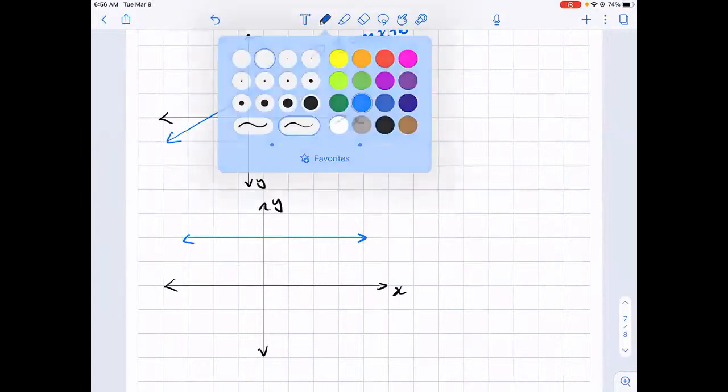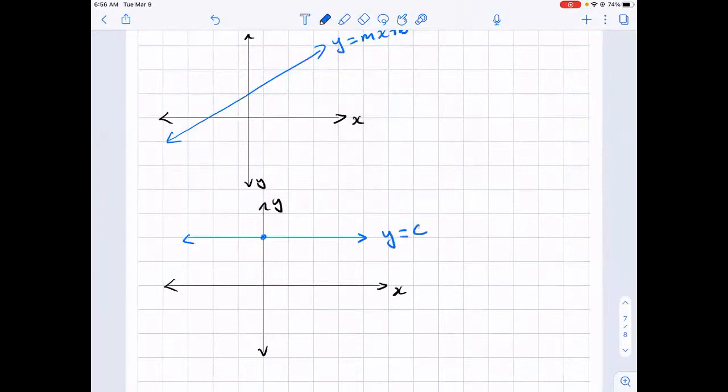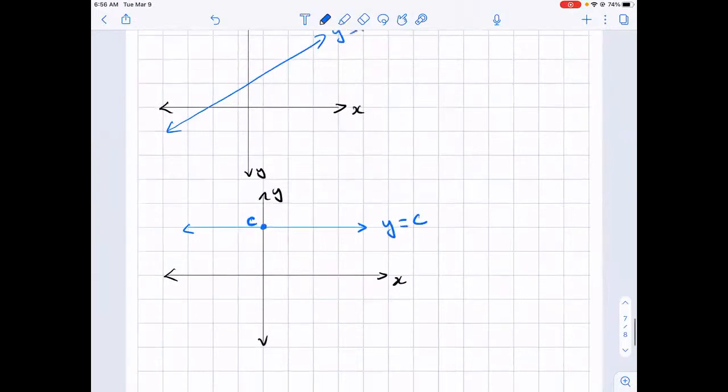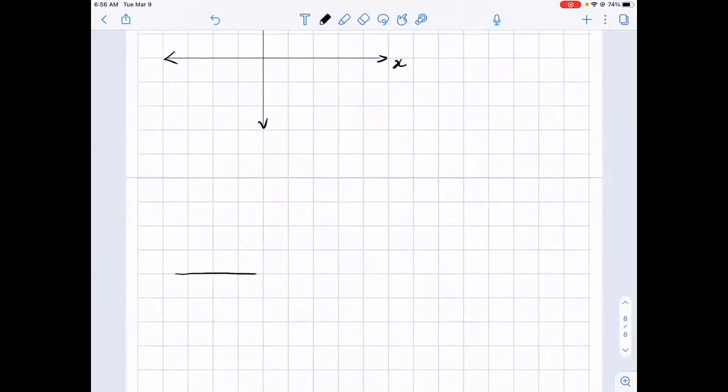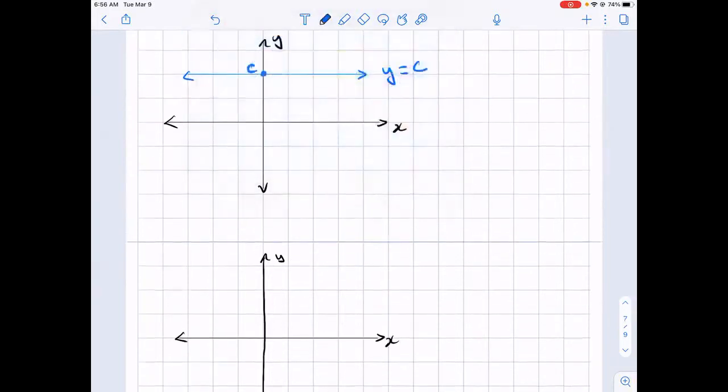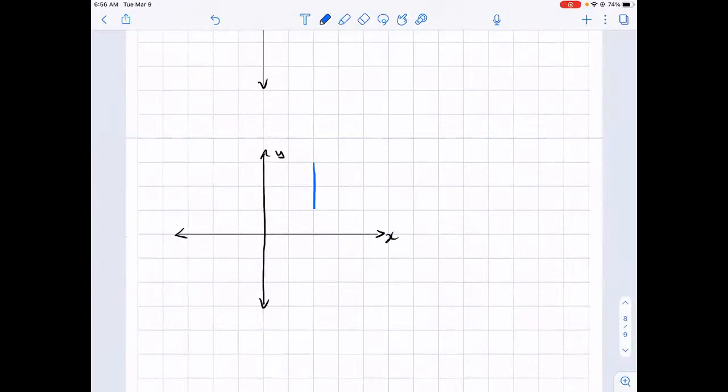And here we have y equals c, where this point here is c. And then we have the vertical line. And remember the equation for a vertical line, if this point is c, is x equals c.